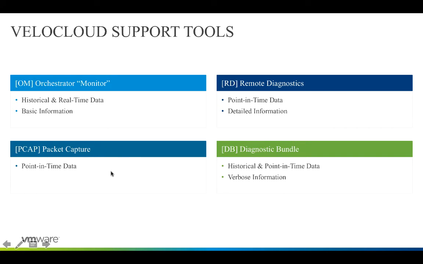The next one is packet capture. You can also do a packet capture. You can do remote diagnostics for the edge device or even for the gateway, depending on the privilege level. Diagnostic bundle, where all the log files for that edge site are captured and you can download it to your machine for further diagnostics.